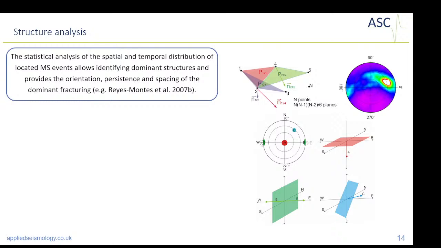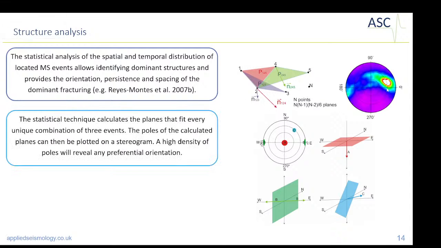So the machine has separated our events in clusters, and we analyze each cluster individually and look at the distribution of the orientation of these planes, and if there is a maximum, a preferential orientation identified, this is interpreted as the orientation of the fractures within each of these clusters.